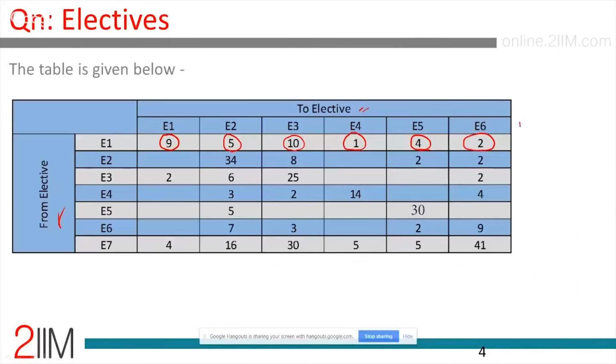There's no E7 here because E7 is gone. E7 has been removed. So if you look at it column wise, 9 people stayed in E1. 2 came from E3 to E1. 4 came from E7 to E1. We don't know the numbers sitting here. We don't know them.